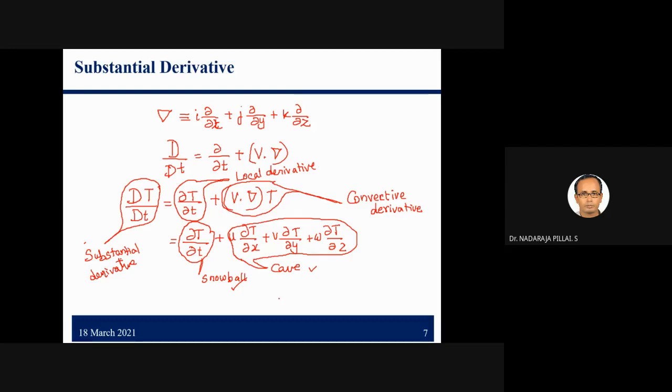That's all about the substantial derivative, right? So it is possible to change the continuity, momentum, and energy equation. I will note it: continuity, momentum, and the energy equation can be expressed in terms of the substantial derivative. All right, so please try it and get back.